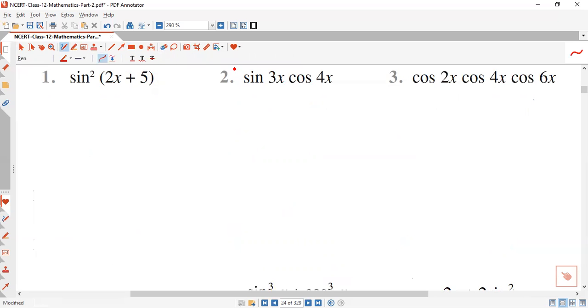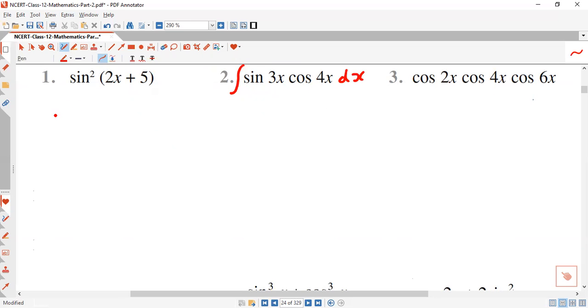Here we are doing the trigonometry method. We want to find the integration of sine 3x multiplied by cos 4x. We don't know a direct formula, so we have to convert it into trigonometric functions where I can apply a formula.